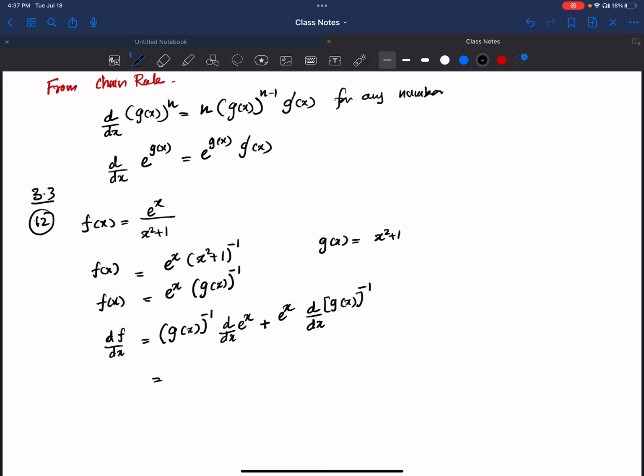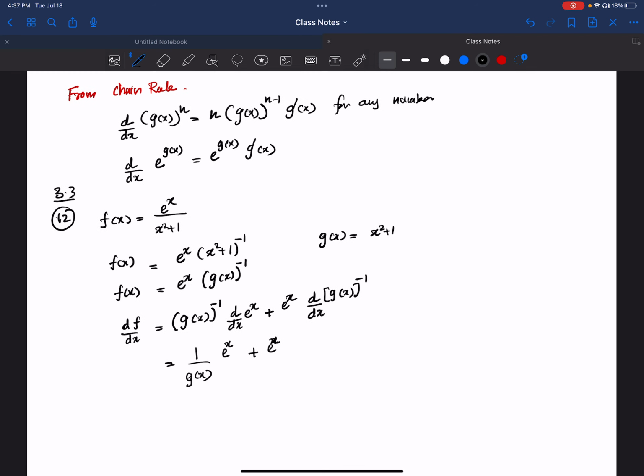So we can keep this, 1 over g of x times e to the power x, plus e to the power x. Now we're going to use this one, d over dx of g to the power n, where n is negative 1, and negative 1 minus 1.